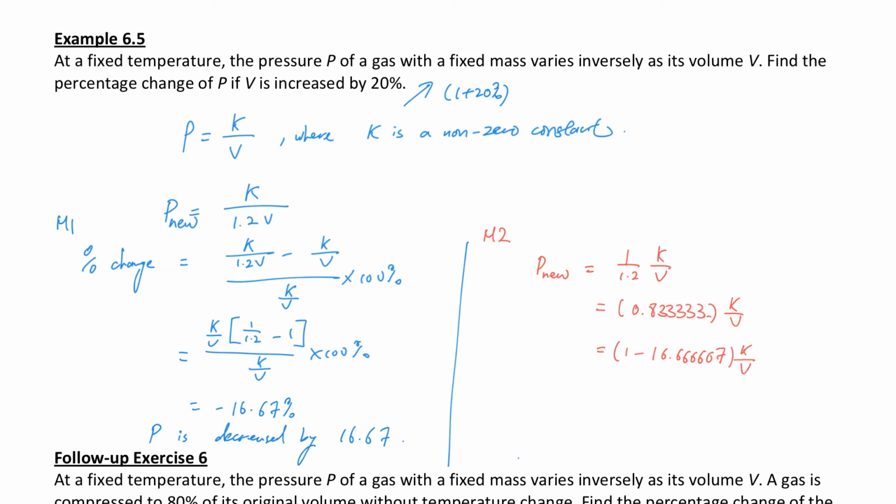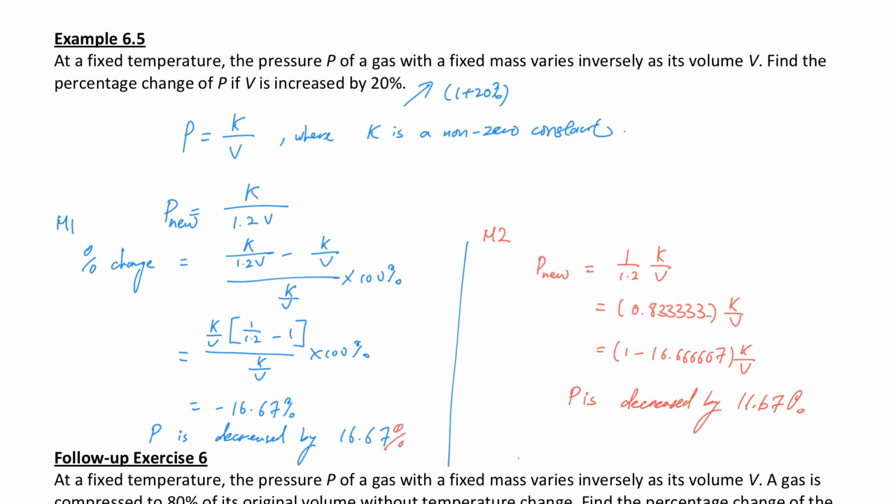Then, because this is the original value, P times 1 minus 16.67% is equal to the new one. Then, easy. P is decreased by 16.67%.